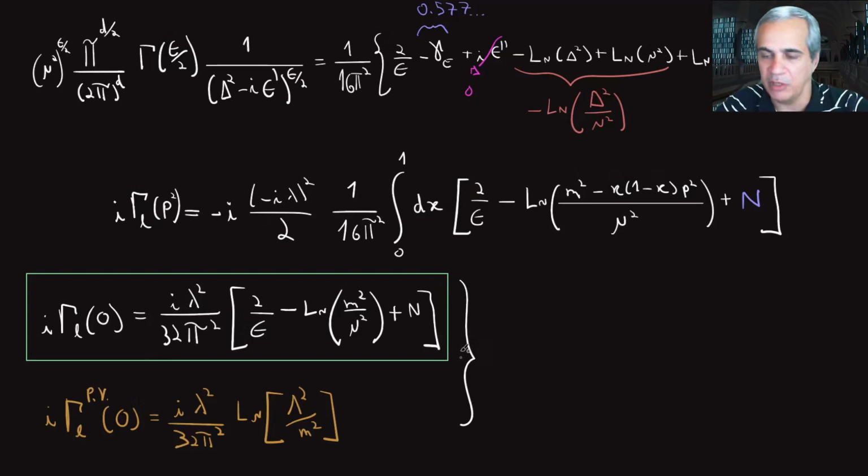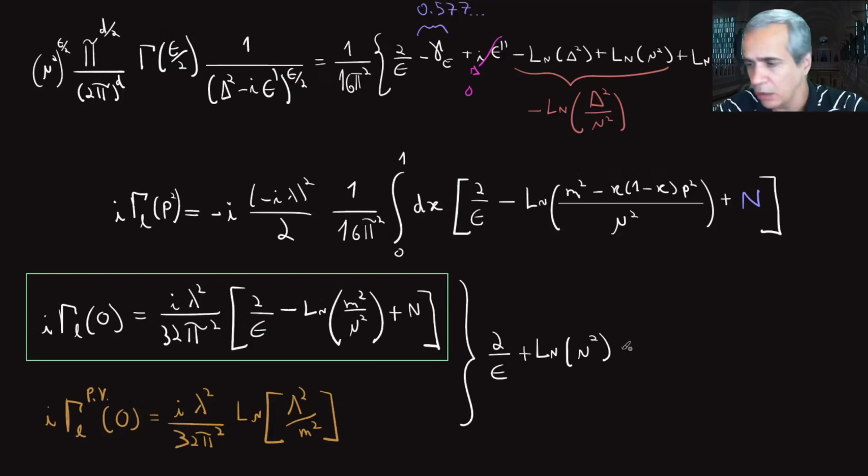Suppose you do a calculation in Pauli-Villars and you want to know what's the equivalent result in dimensional regularization. By looking at these expressions, you would say that the mapping is just exchanging this 2 over epsilon, log of mu squared. I can change the sign, bring the mu squared up here, and then the log of the mass cancels from both sides.